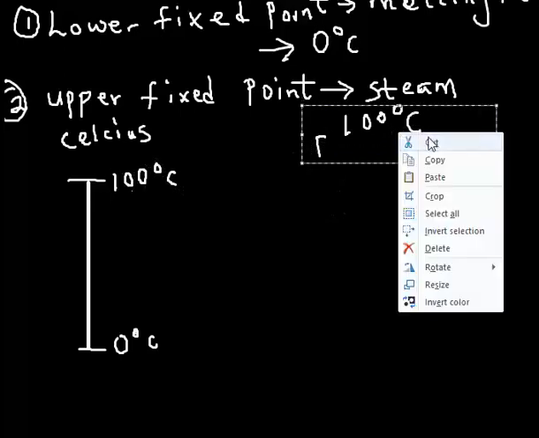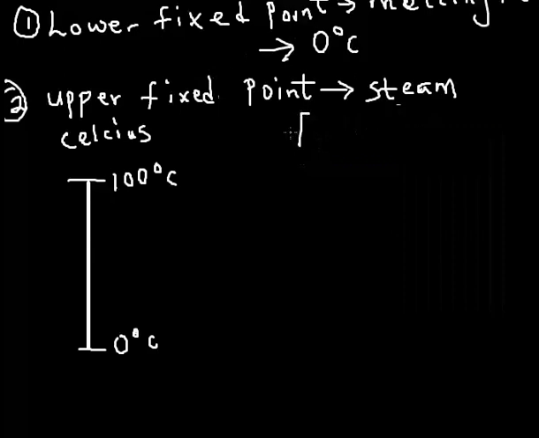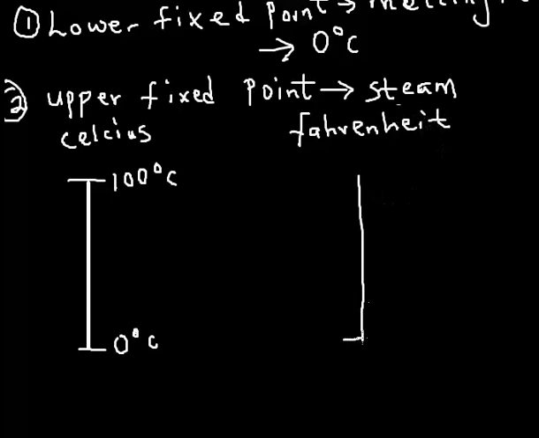For Fahrenheit, the lower fixed point, which is equivalent to the temperature of melting ice, is 32 degrees Fahrenheit. And the upper fixed point is not 100 degrees, please, but 212 degrees Fahrenheit.